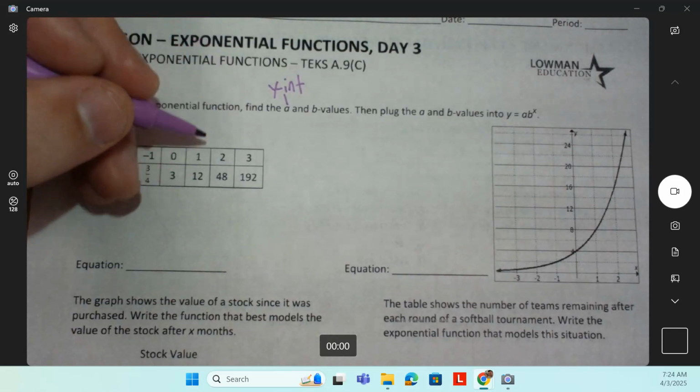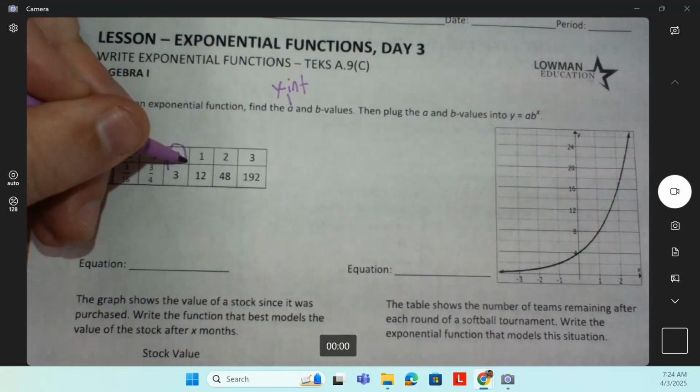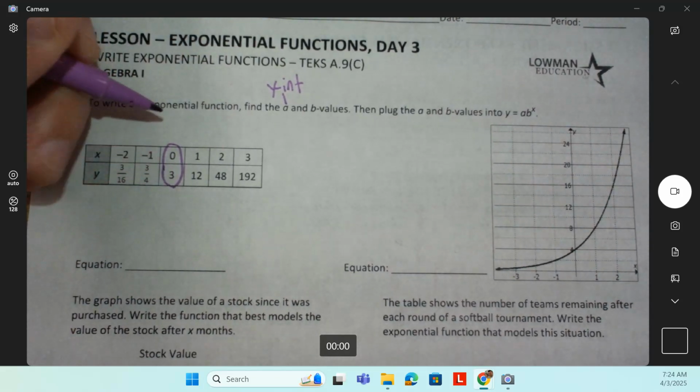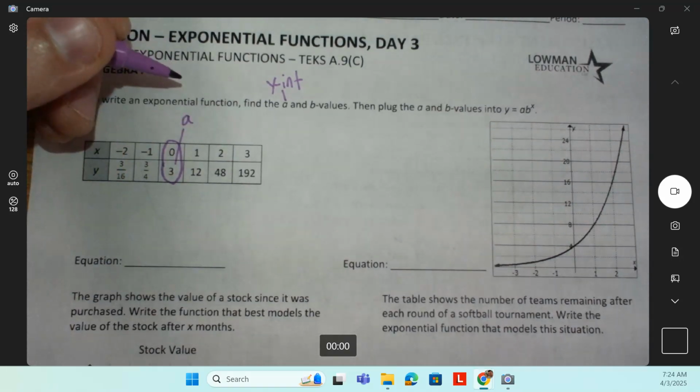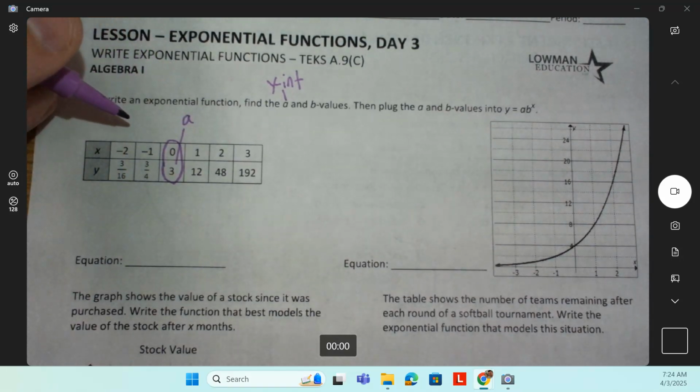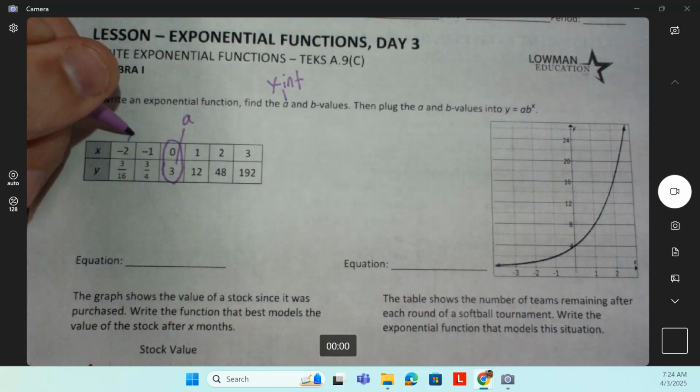So looking at this, the first thing I notice is that I actually have my y-intercept there. And so that means I've got my a value. But how do we find that b value or that multiplier?